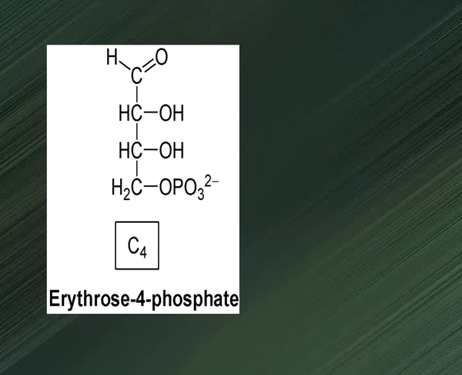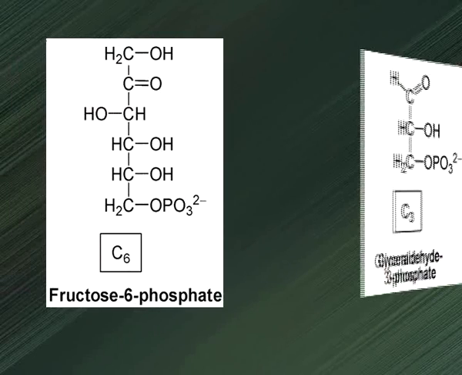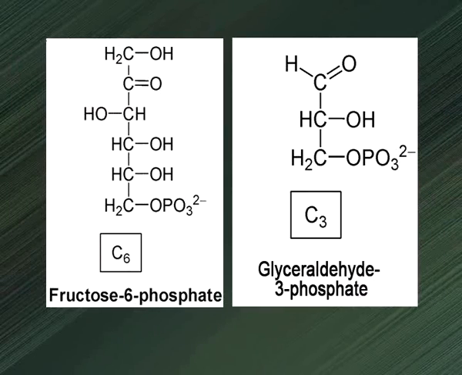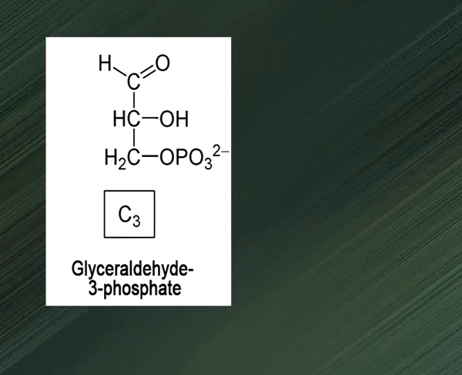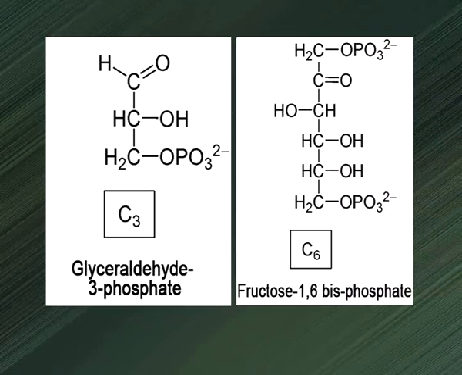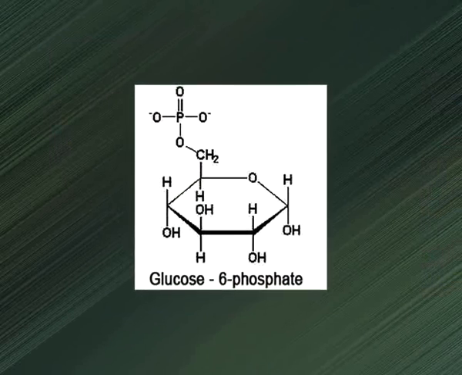Two molecules of glyceraldehyde 3-phosphate can be converted to fructose 1,6-bisphosphate, which ultimately gets converted to glucose 6-phosphate.